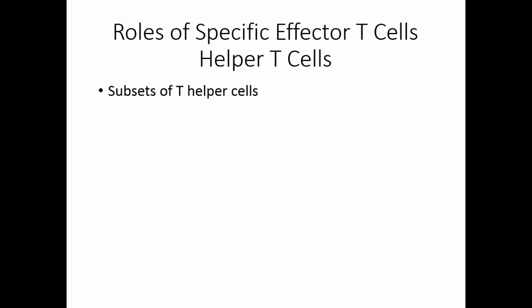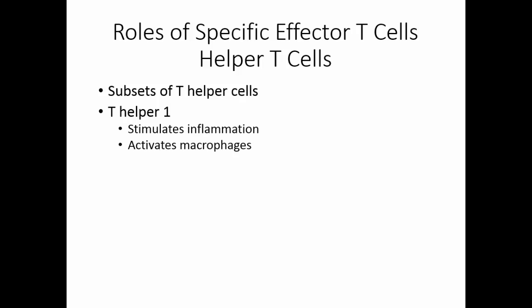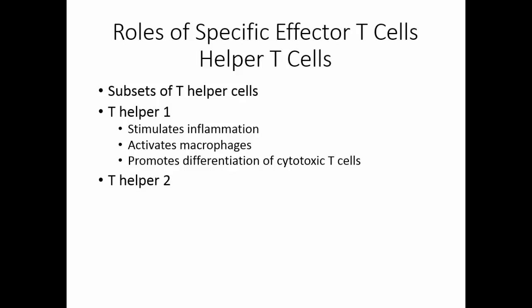There are several subsets of T helper cells. The T helper 1 is the one that stimulates inflammation and activates macrophages. This is also the cell that's involved in promoting the differentiation of cytotoxic T cells, the CD8 cells. The T helper 2 is very defensive against parasitic worms.